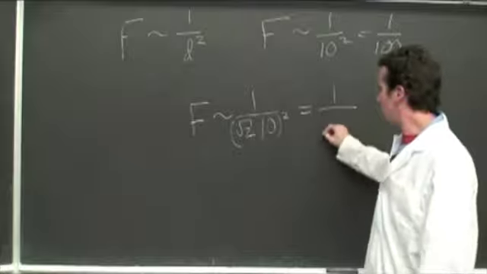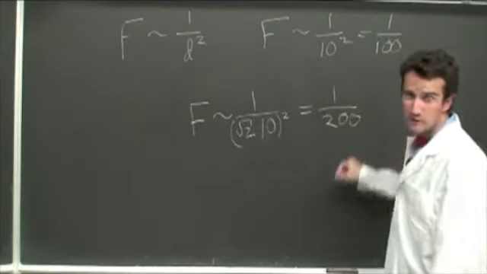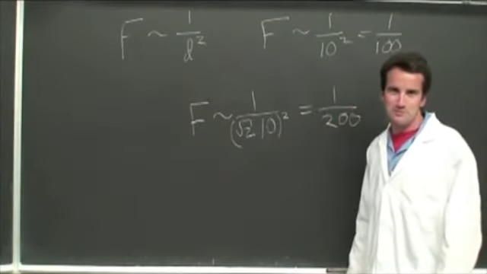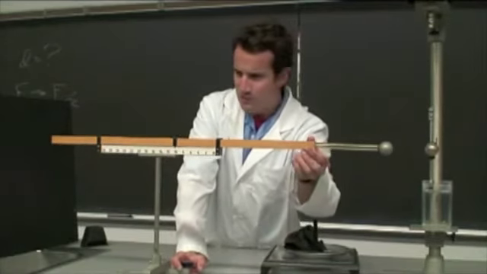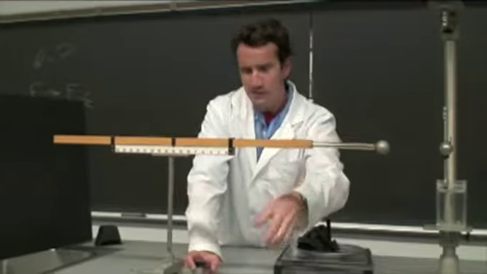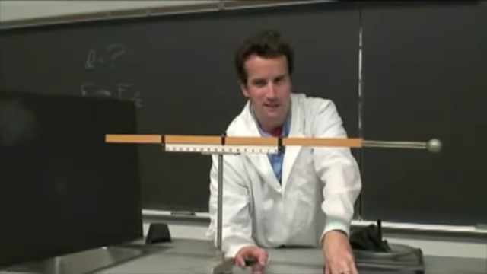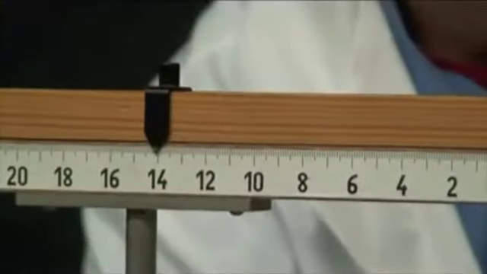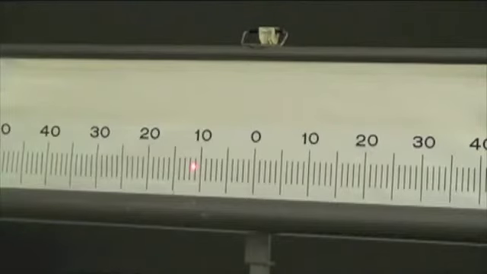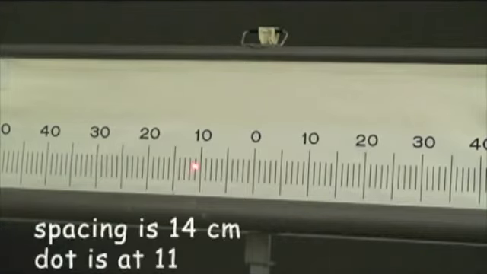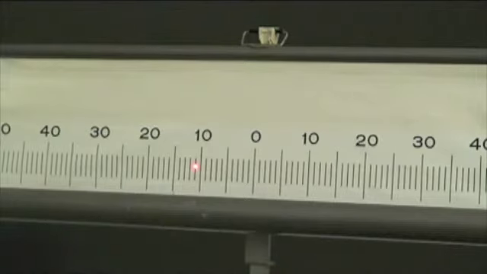That means 1 over 200, half as much. The correct distance is 14, because 14 is radical 2 times 10. At about 14 centimeters away, you get half of the force. This is because 14 is radical 2 times 10, and Coulomb's law says force decreases with the square of the distance.